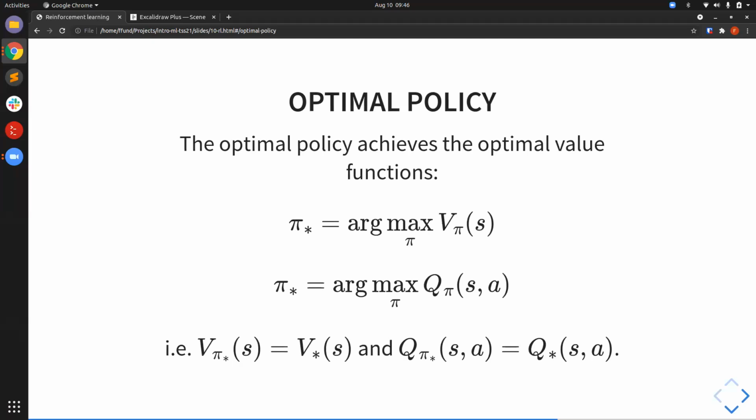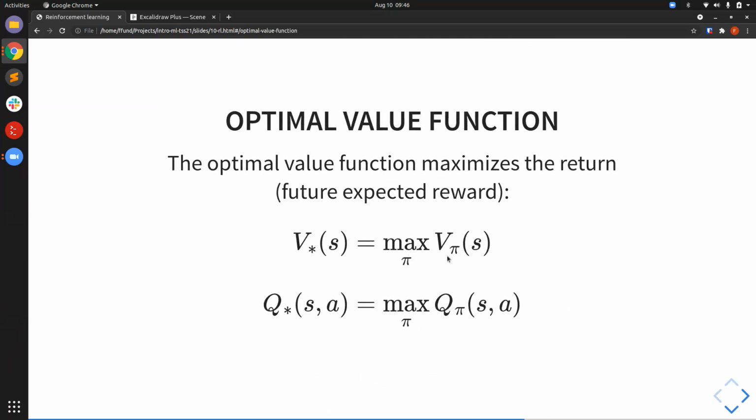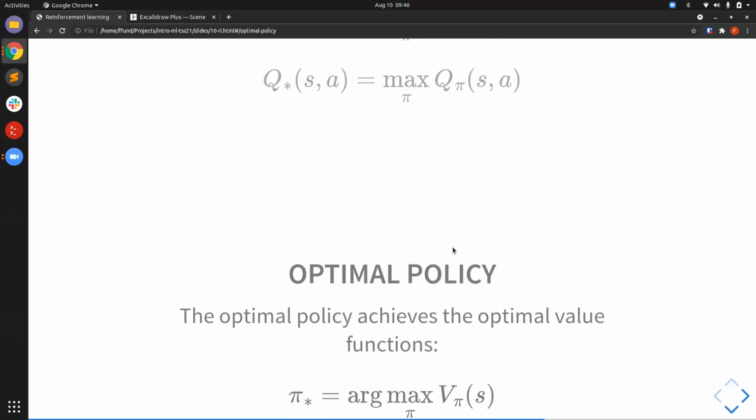And finally, our optimal policy is a policy that maximizes the value function. So we're looking for a policy such that the value we achieve by that policy, whether state value or action value, is equal to the optimal one we could achieve for any policy. So this is an optimization over all the possible policies.